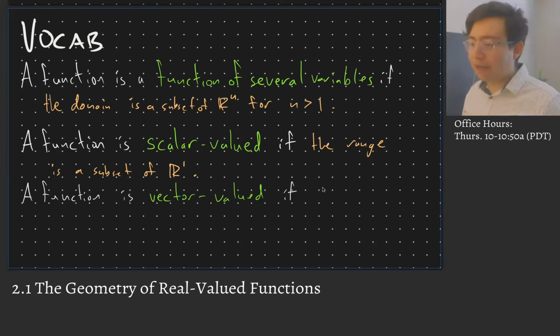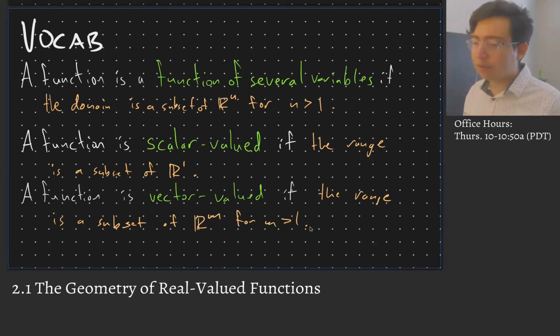And now vector valued, you can imagine, is a very similar thing, but it's still about the range, but instead of getting a scalar out, you get a vector out, which is to say more than one entry. So R^m for m bigger than 1. Pause here for a second.